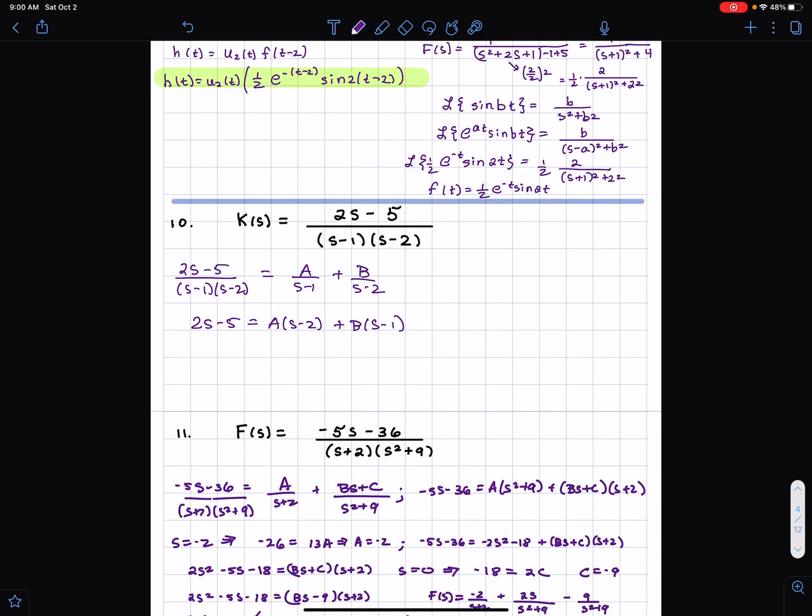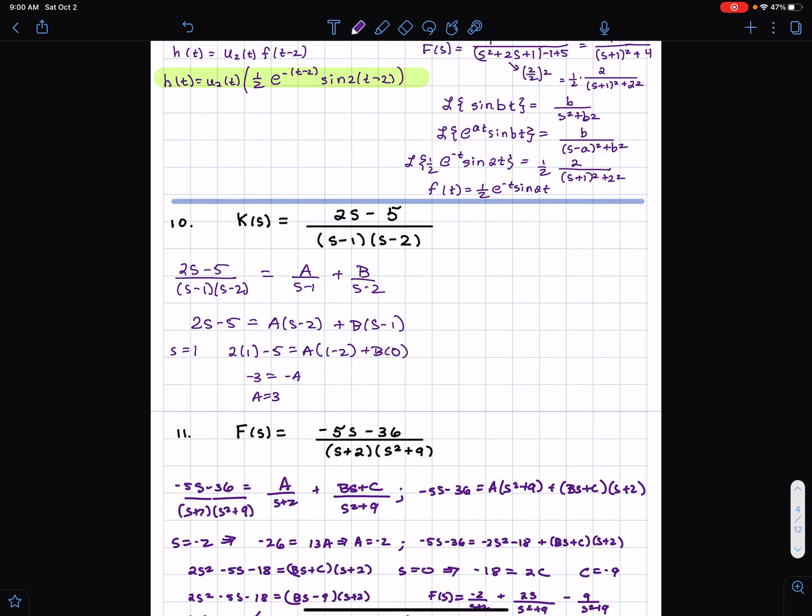And so probably the most direct way, or easier, I would say, is put in numbers that are convenient. If I put in s equals 1, 1 minus 1 makes 0. So we get 2 times 1 minus 5 equals a times 1 minus 2, plus b times 0. So this gives negative 3 equals negative a, so a equals 3.